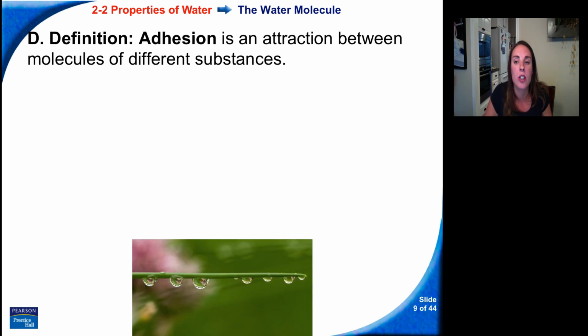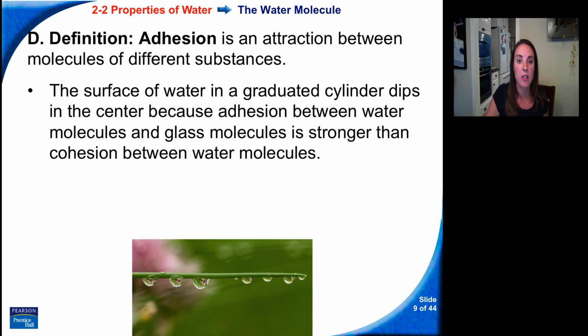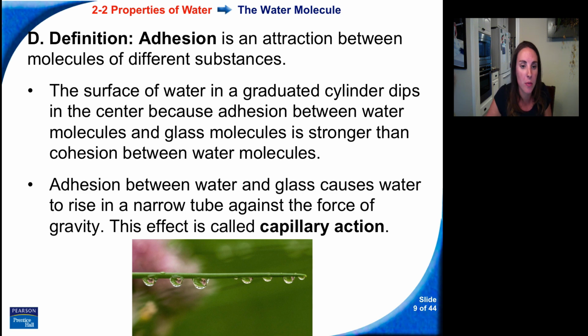Adhesion is an attraction between molecules of different substances. So cohesion was the attraction between the same substances. Adhesion is the attraction of molecules of different substances. So the surface of water in a graduated cylinder dips at the center because adhesion between water molecules and the glass molecules is stronger than the cohesion between the water molecules.